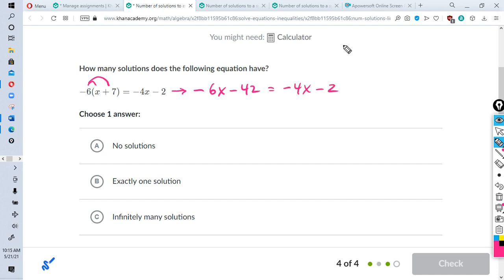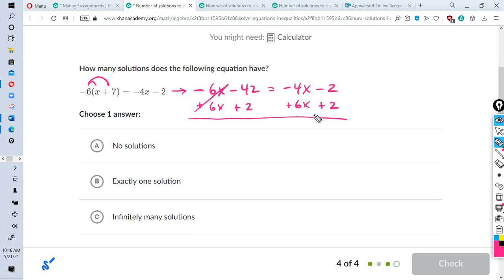I'm pretty sure it's going to be one solution because I'm thinking I can solve for x. I'm going to add 6x to both sides, and it's going to cancel right here, positive and -6x. And then I'm going to add 2 to both sides.